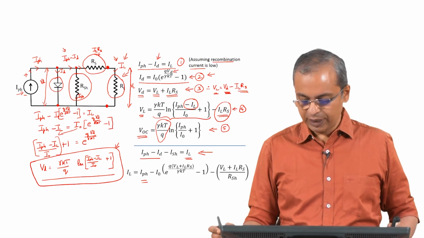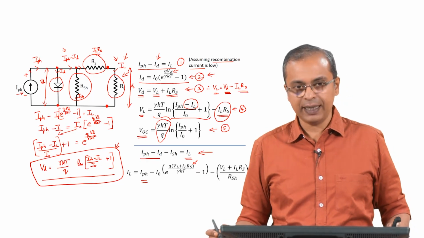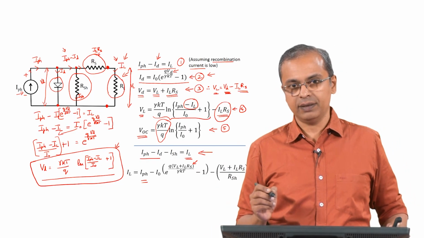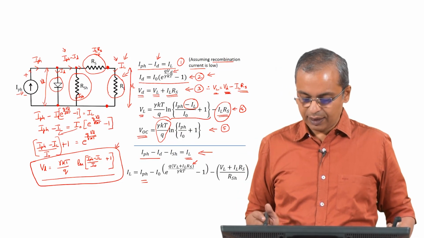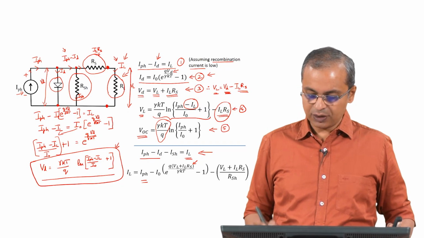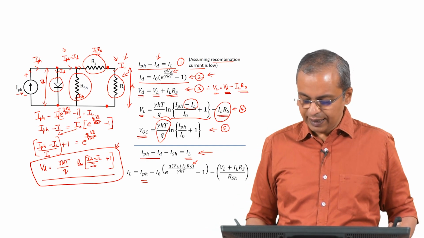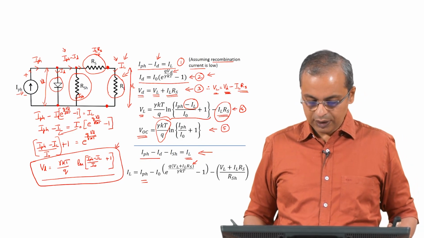That is why you see that here, instead of qV_D by gamma kT, I have q times V_L plus I_L R_S by gamma kT. That is the additional detail, and then minus 1, which is the same as in equation 2.